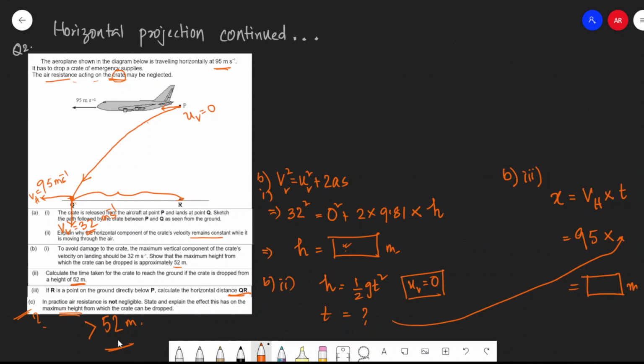It is not going to reach 32 meters per second if there is any air resistance. So since the air resistance is there, the vertical velocity can reach 32 meters per second at the maximum level only from a greater height. So the maximum height can be greater than 52 meters. Think and let me know if you have any question. Thank you.